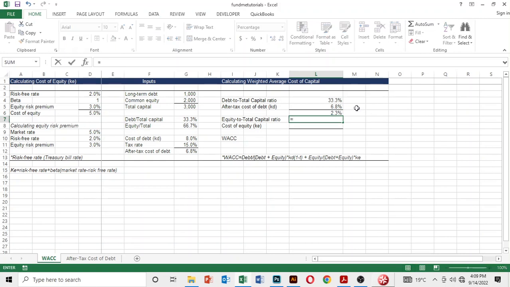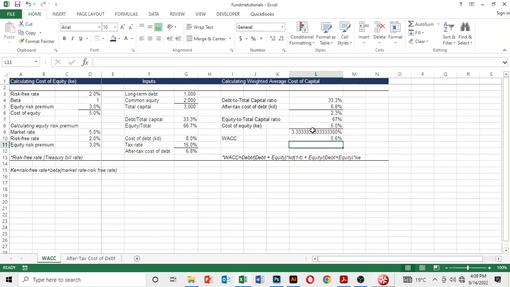Then let's link the equity, and let's link the cost of equity, which is this one, and then here we want to say this multiplied by this to get 3.3%. So now we can say that plus this.